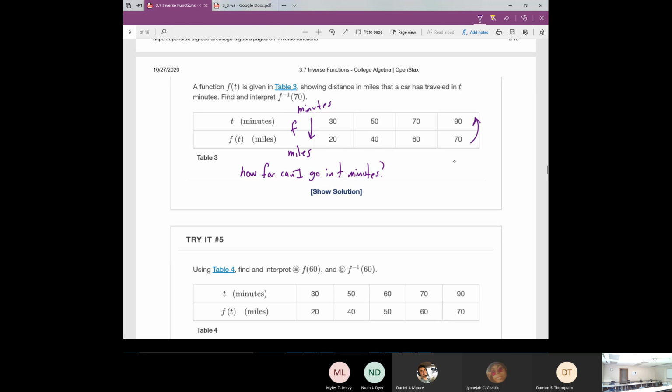The inverse function is asking, how long will it take me to go that many miles? The inverse is how much time does it take to go so many miles, m miles.